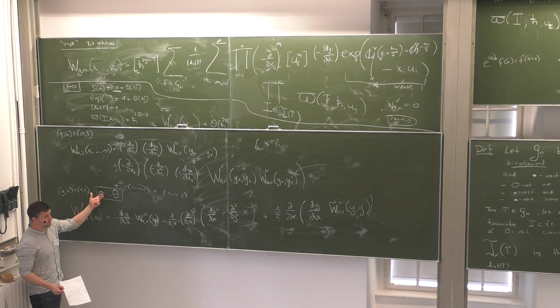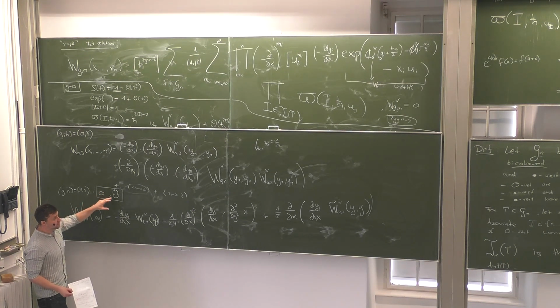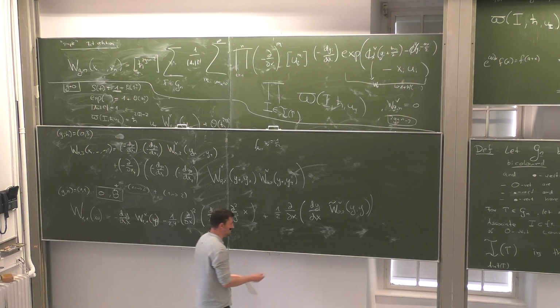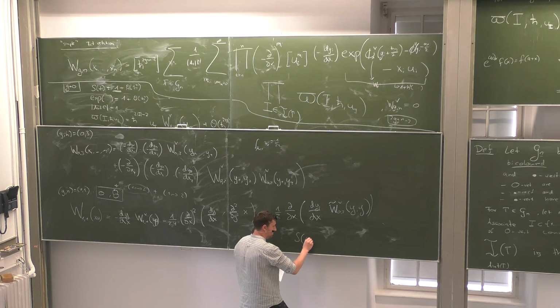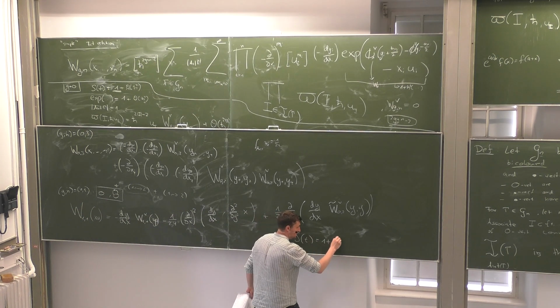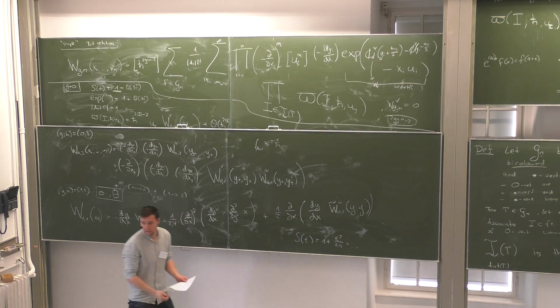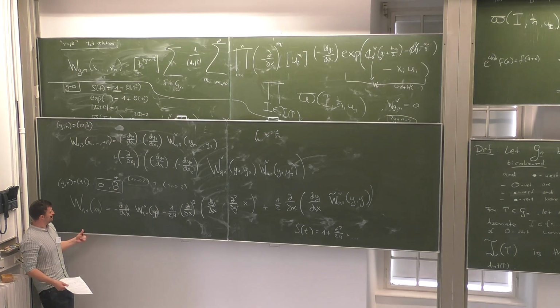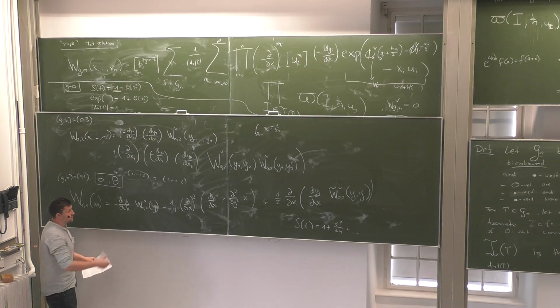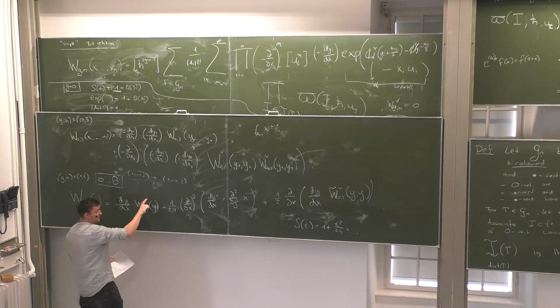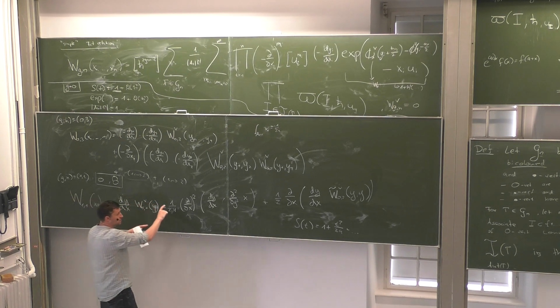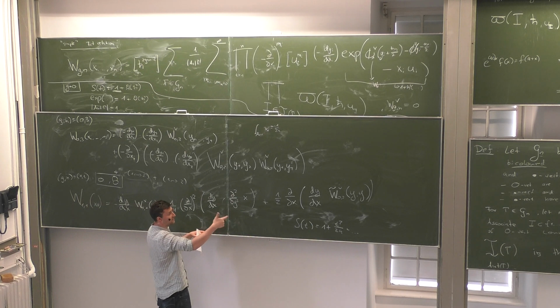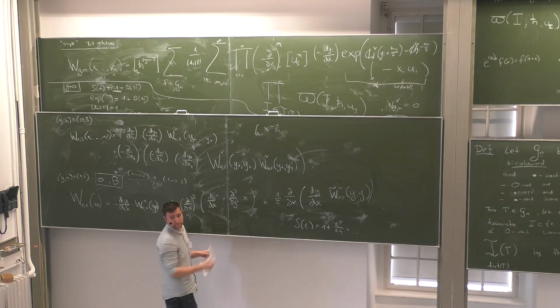The circle vertex has no symmetry factor. So it comes from the expansion of S. S of t goes like 1 plus t squared over 24 plus etc. If you have something of higher genus, you have contributions of the same topology, but also of lower topology with higher derivatives.